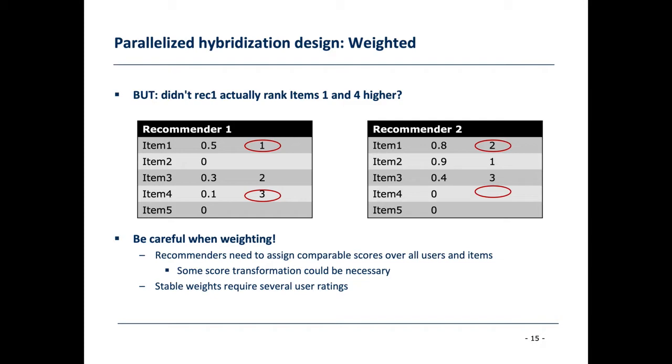But if not, then we might need to do some form of transformation, such as we did back in the collaborative filtering lecture, where we did transforms, i.e. we removed the average. But we might want to consider things beyond the average. We might want to consider standard deviation, for example.